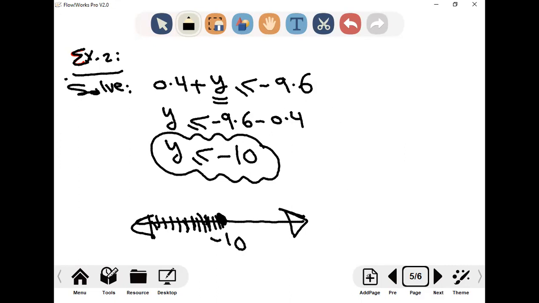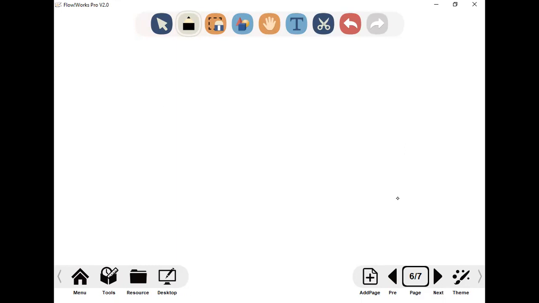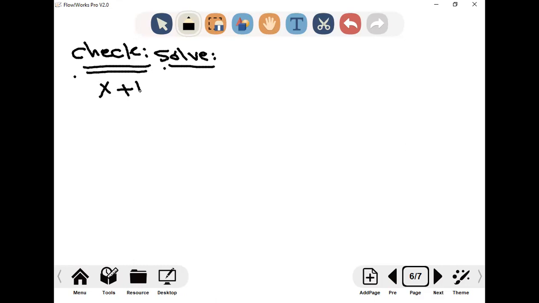Let's do the check after this example. Solve x plus 1.3 less than 5.4. Do it, go. Then graph your solution.